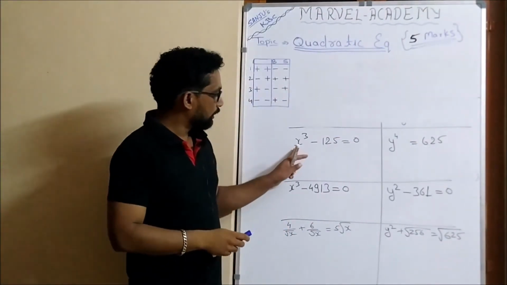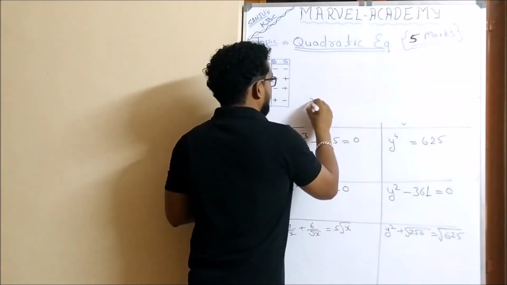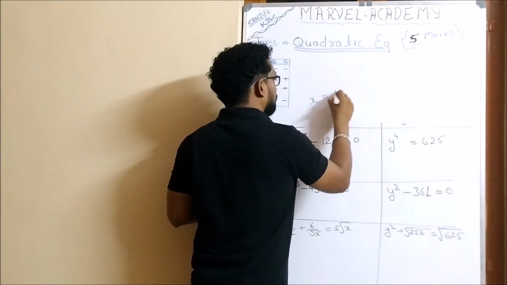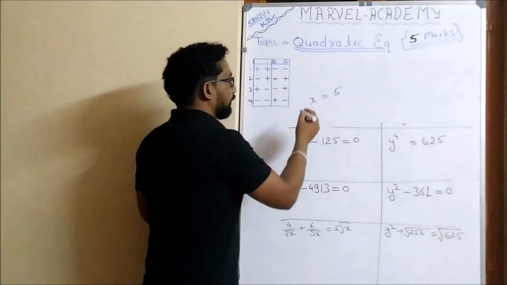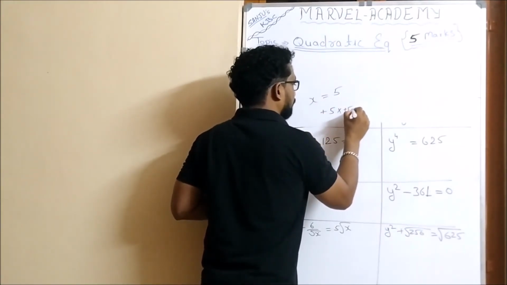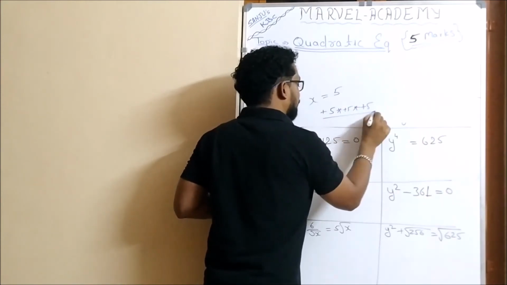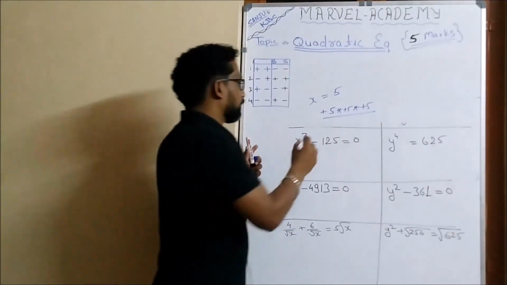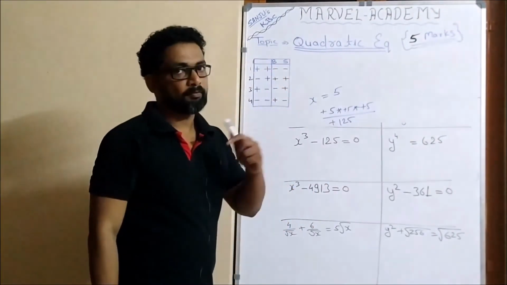Next question is x cube minus 125. So x will be 5. What is the reason behind that? If I say positive 5 into positive 5 into positive 5, that means my result will be positive, that is positive 125.